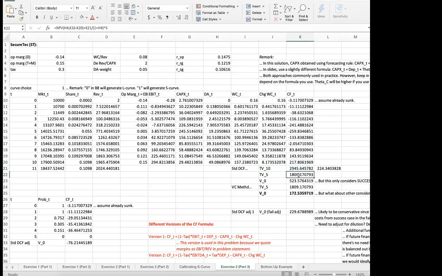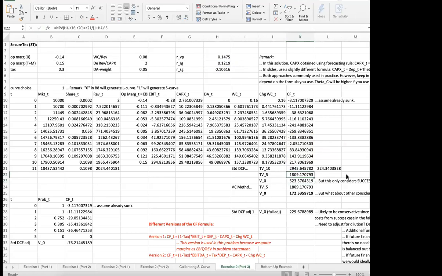Then I estimated a terminal value at time 5, which is the exit value conditional on success, by taking the NPV of the cash flows from time 6 to time 10, now using the rapid growth discount rate, plus the terminal value that I estimated in the first step, discounted also by the rapid growth rate for, in this case, 5 periods, because my estimate of S was 5 periods.